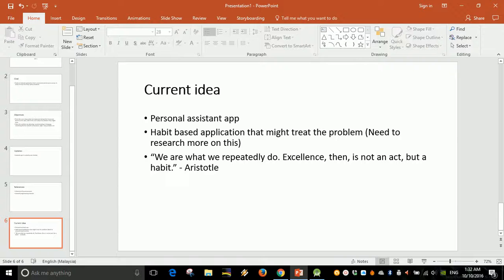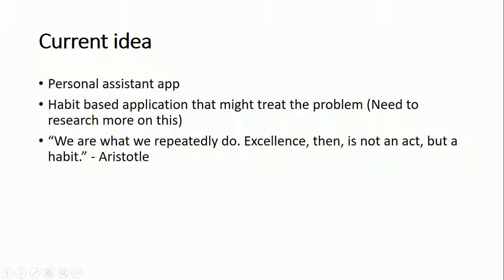In this scenario, the Android application can turn into a habit-based application that might treat the sleep apnea problem. Basically, the personal assistant will keep telling the users to do something good in order to treat their problems. So this will eventually turn their bad habit for sleep apnea into a good habit.